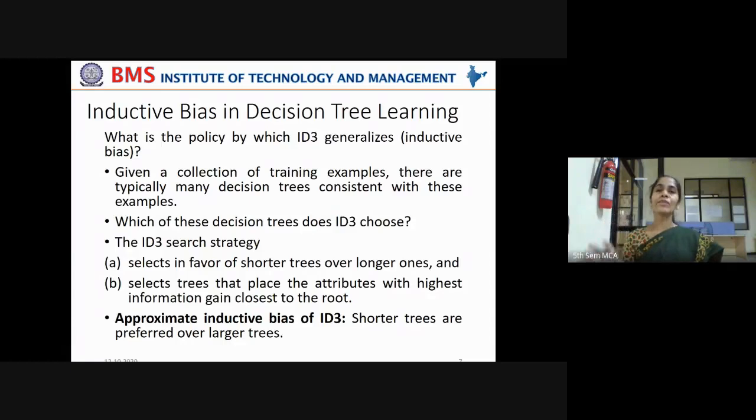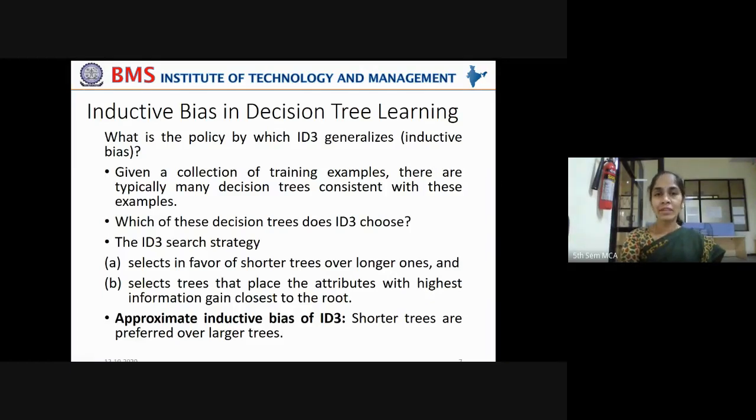Only conjunctive combination of attributes are allowed. Only such hypotheses are allowed in the hypothesis space. Now, what is the inductive bias in decision tree algorithm or decision tree learning? Only small decision trees are favored. Large or complex decision trees are not opted. Okay, that is the inductive bias.